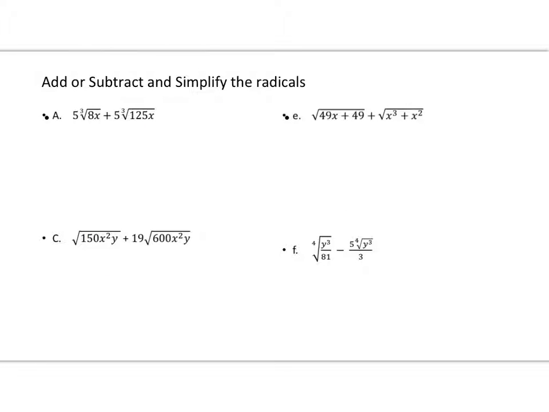So in these examples, we're going to simplify the radicand first before we do the addition or subtraction. So for example, in part A, we have 5 cube root of 8x plus 5 cube root of 125x.